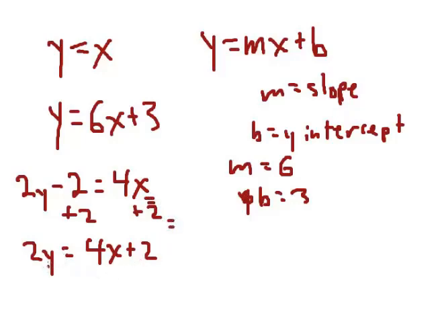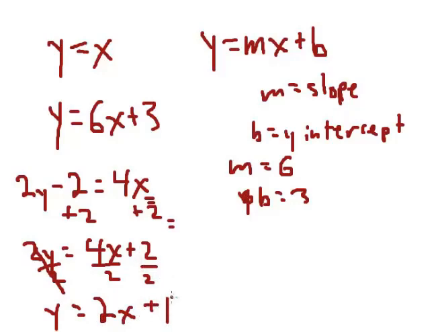Now you need to get rid of the 2 in order to get y by itself, and to do that you can divide everything by 2. Divide all 3 terms by 2, and you have y, because the 2s cancel, equals 4x divided by 2, which is 2x, plus 2 divided by 2, which is 1.